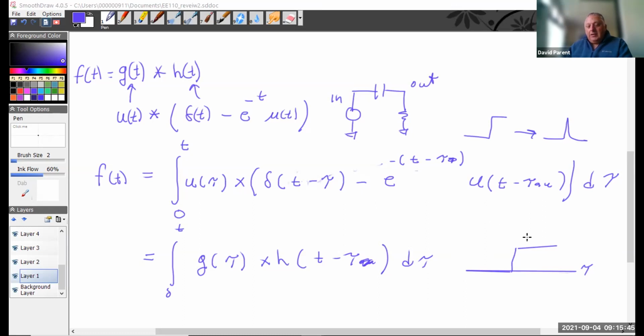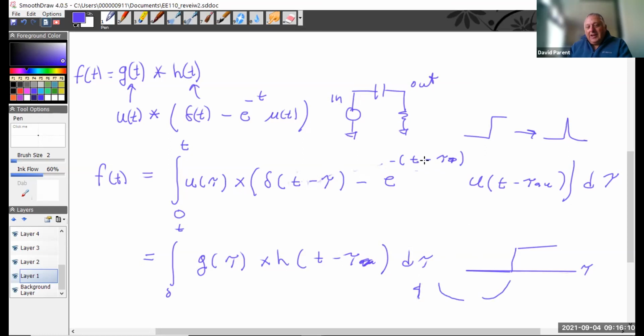So this is u of tau on the tau axis. But now we have this e to the minus t, which I'm just going to draw down here, was like this. But now it's time reversed, and so it's going like that.